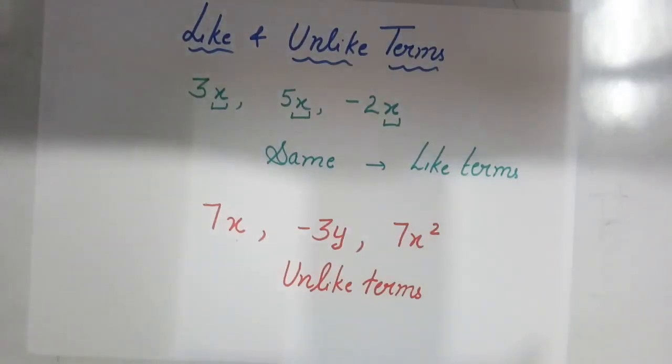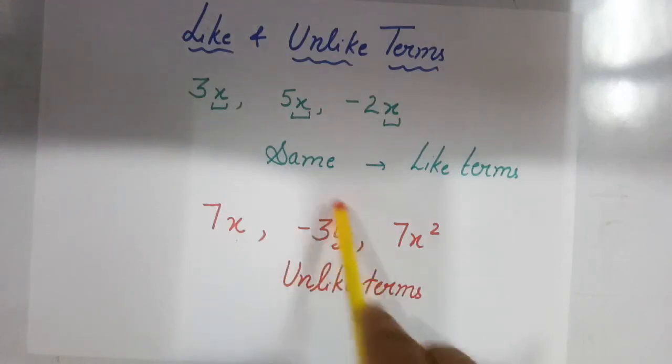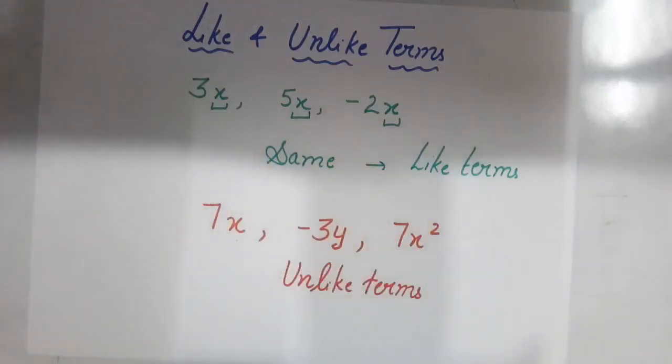But if you have 4 apples and someone has 4 bananas, then you can't add them. Apples and bananas are different fruits, so they can't be added. Same way, if you have 4x and 3x, you can add 4 plus 3, 7x. But 7x and minus 3y, you can't add or subtract. These are different variables.